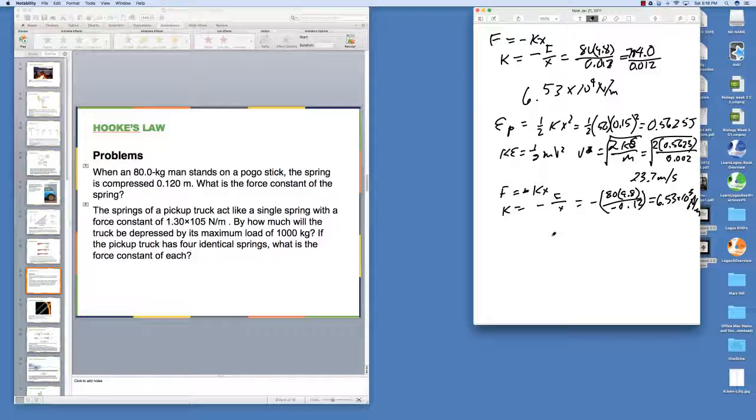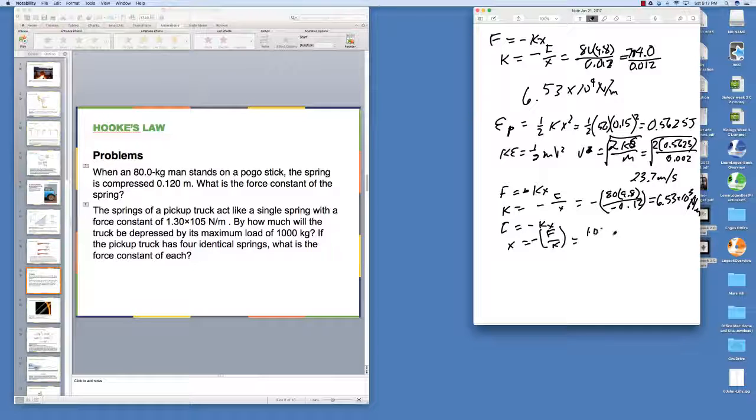The second problem says that the springs of a pickup truck act like a single spring with a force constant of 1.3 times 10 to the 5th newtons per meter. By how much will the truck be depressed by its maximum load of 1,000 kilograms? So the maximum load this is allowed is 1,000 kilograms. Again, F is equal to minus kx. Now we're going to solve for x. So x equals F divided by k, and that's a negative.